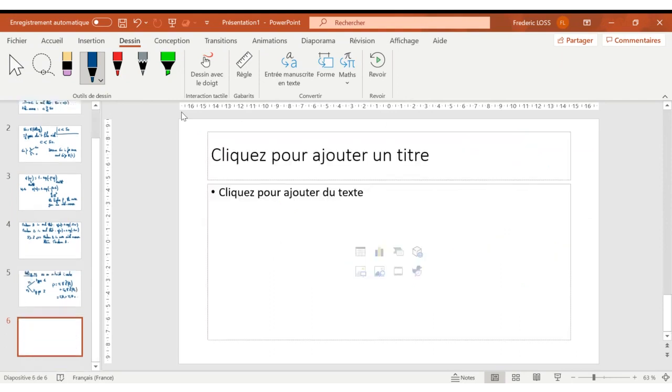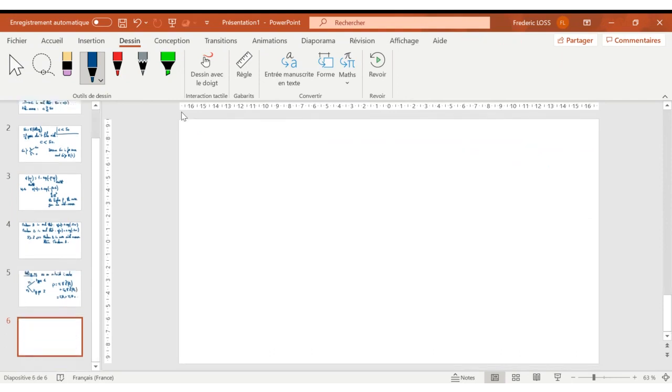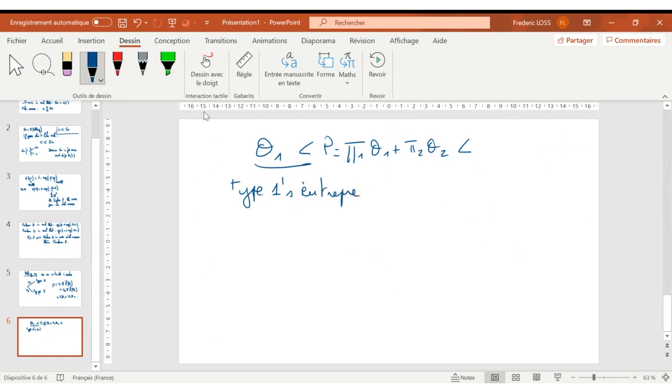But this value is strictly higher than theta 1, so a type 1 entrepreneur accepts this price. But this is strictly lower than theta 2.